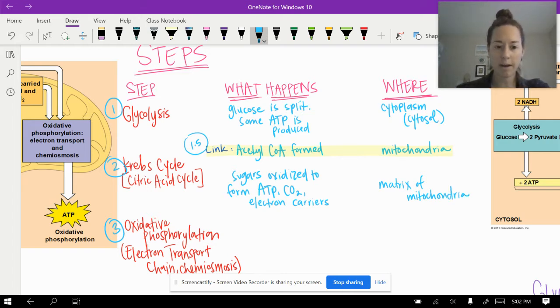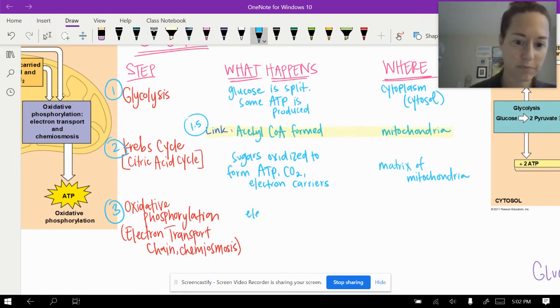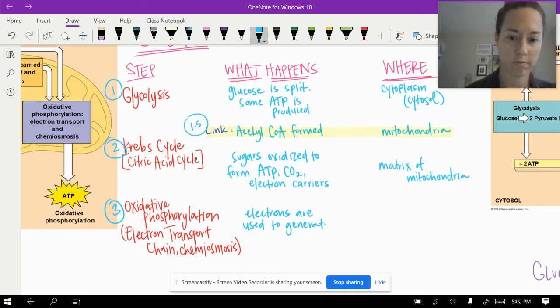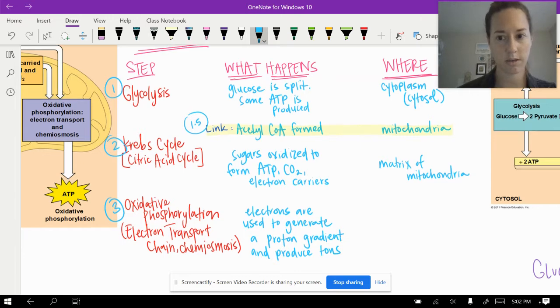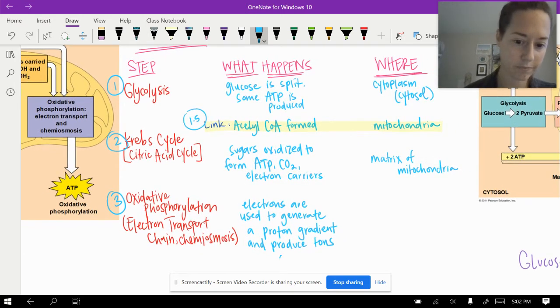And then finally, the last step is oxidative phosphorylation. I keep wanting to put a Z in there. What happens in that step is electrons are used to generate a proton gradient and produce tons of ATP and also water.